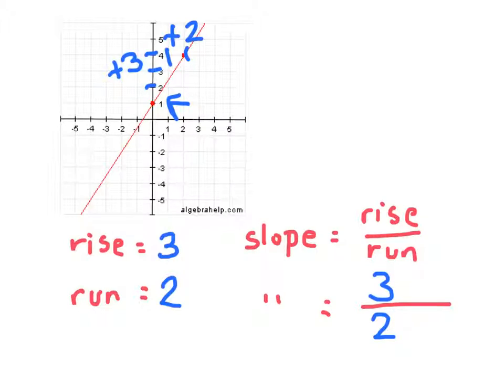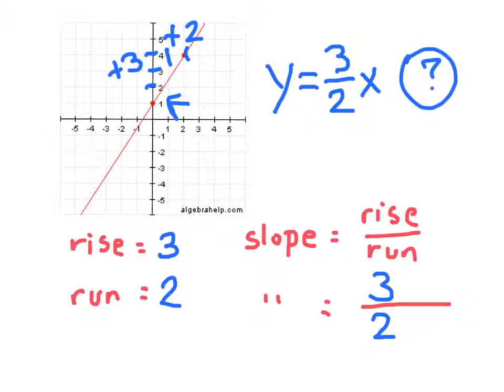So that would be our slope, that would be our growth factor. And as a matter of fact, we could write the rule for this line fairly easily. Let's start by writing y equals. Our growth factor is 3 over 2, that's the slope, so that goes in front of x. And then to get this number over here, we simply write the value of y when x is 0, that figure 0.